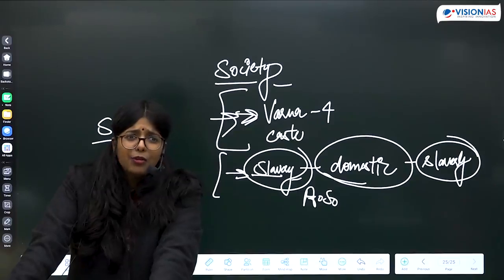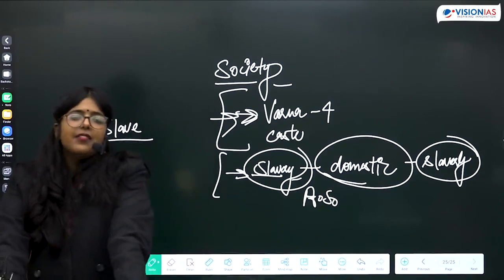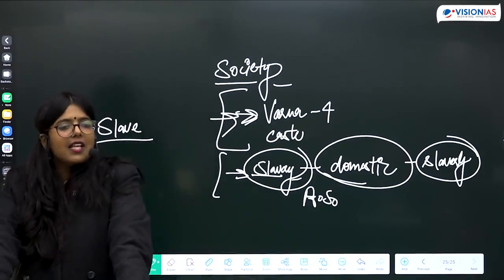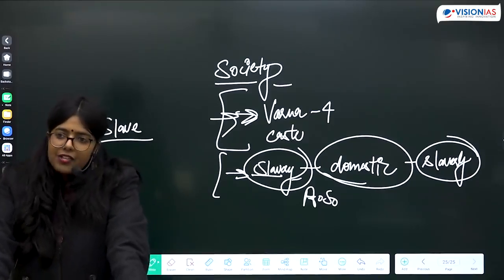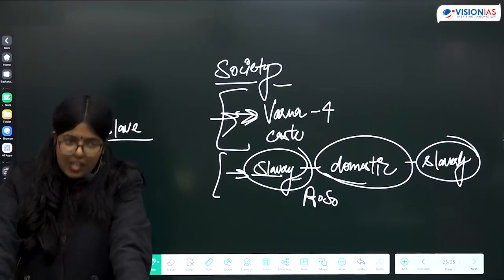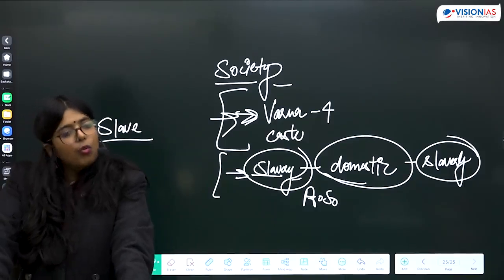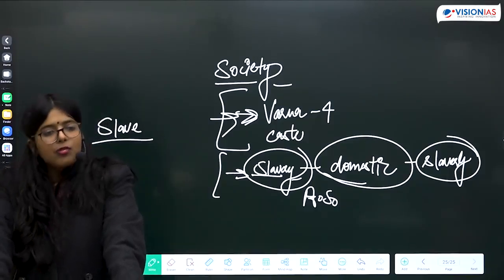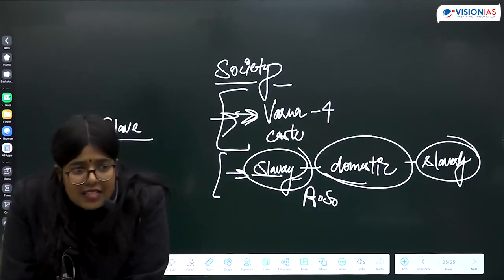And here we are talking about a slave woman. Arthashastra says that if a master is having sexual relations with a slave woman and she is bearing a male child, not only her but also the whole family, all of them should be manumitted. That means freed from slavery.